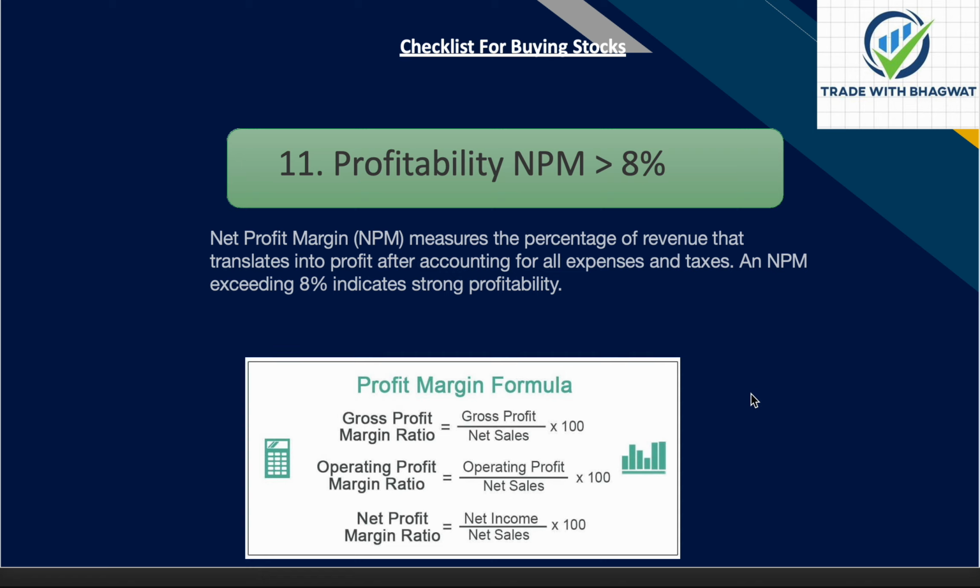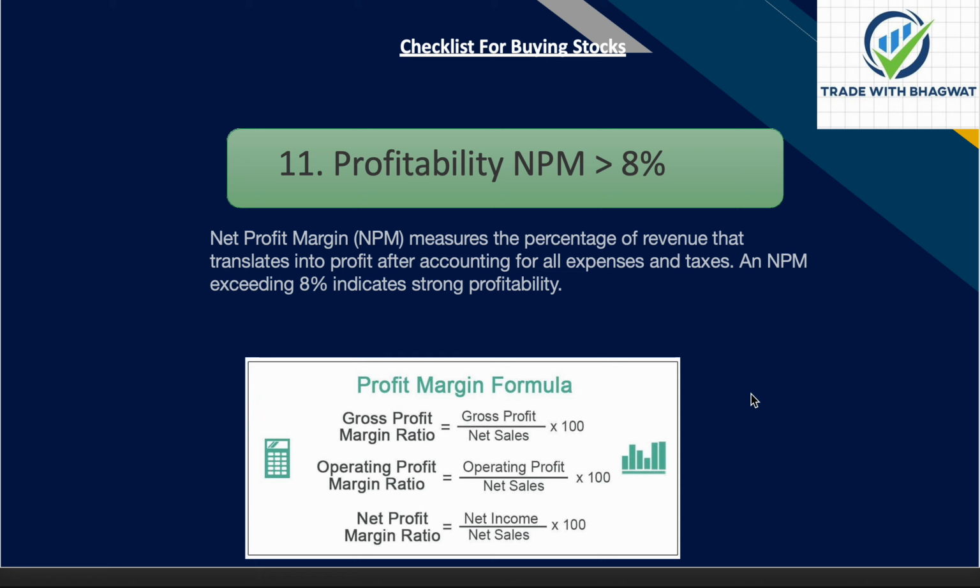The profitability measure, net profit margin. What is it? Net profit margin measures the percentage of revenue that translates into profit after accounting for all expenses and taxes. A net profit margin exceeding 8% indicates strong profitability.